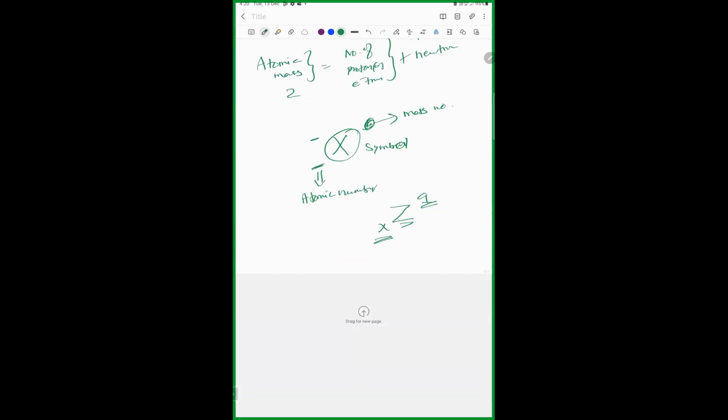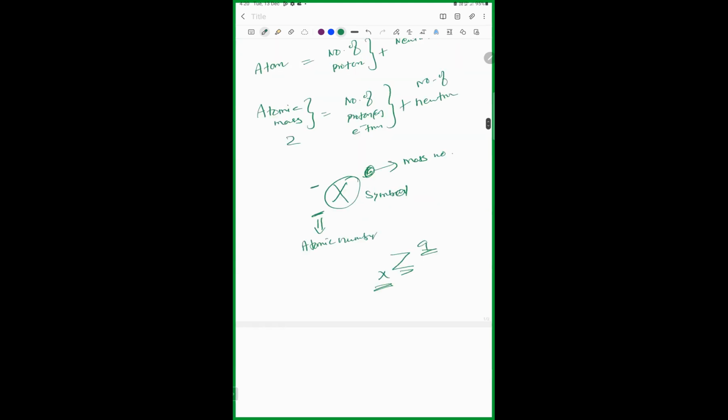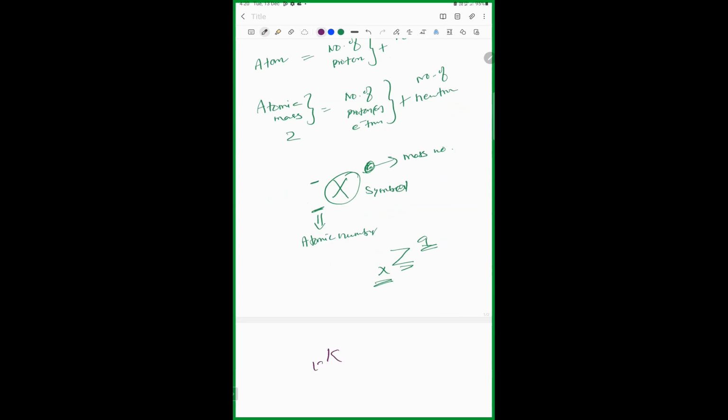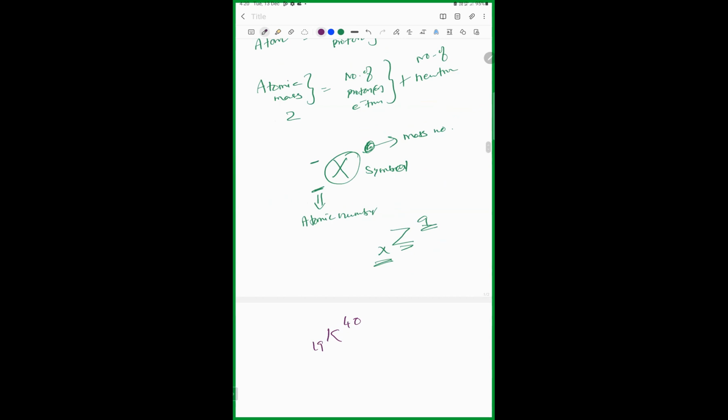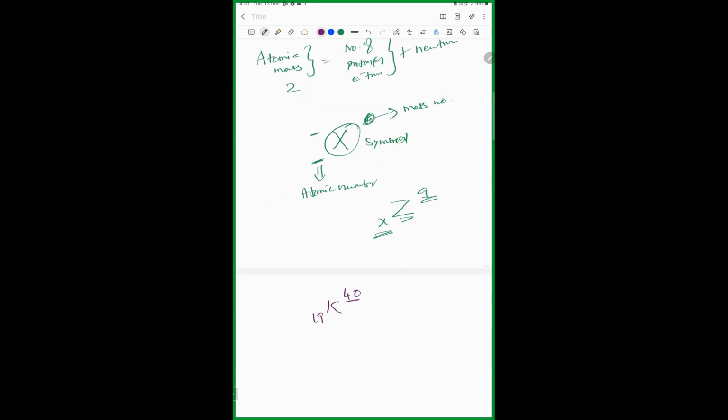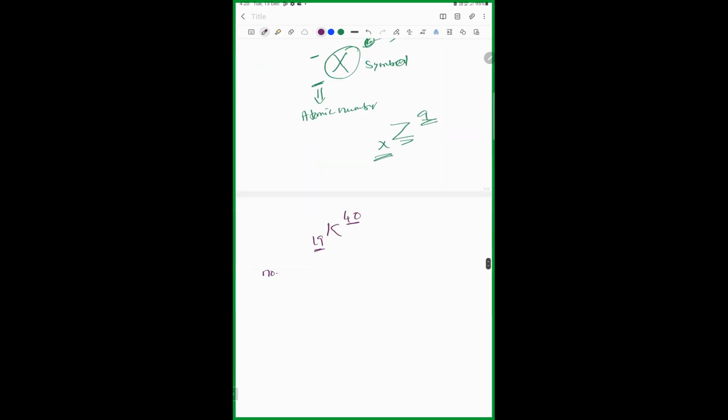Now I am writing potassium 19, 40. What is this? Mass number. And this is the atomic number, 19. Now you have to calculate the number of protons.